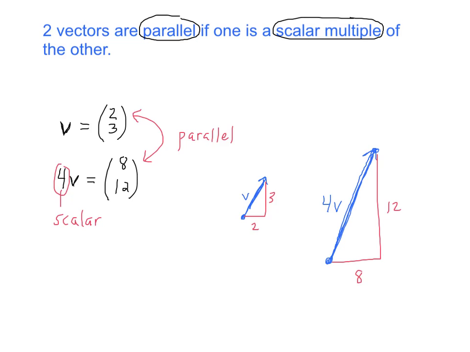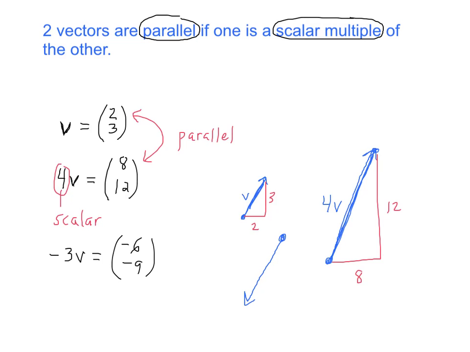Now, keep in mind that we could also negate the vector. Suppose we were to look at negative 3v. Going back to v, I'm going to multiply it by the scalar of negative 3. That would give me negative 6 and then negative 9. If I were to draw this vector, let's start it here, we would have to go down this way.